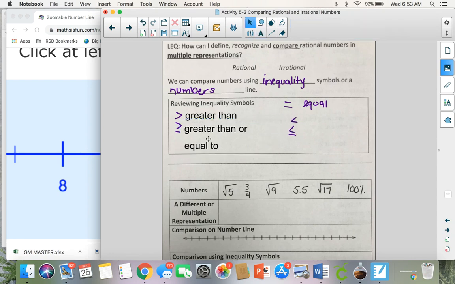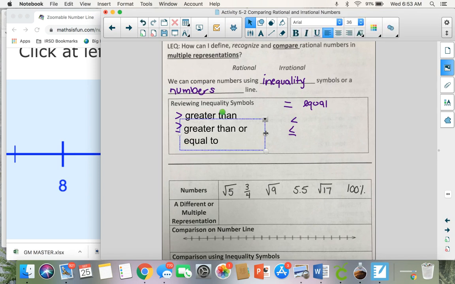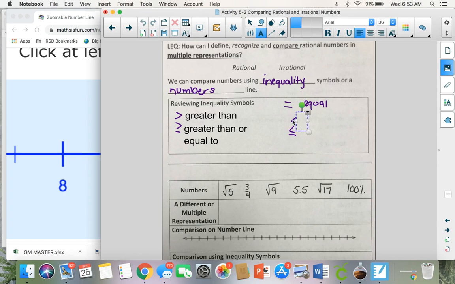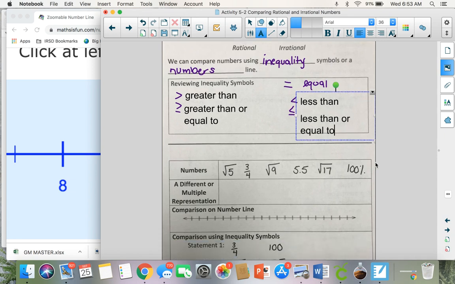Okay, and then you guessed it, the symbol over here is the less than symbol. That little narrow point, so this is less than. And then this one right here is less than or equal to. Okay, so we're going to use these symbols.